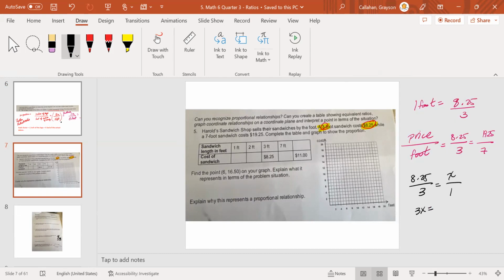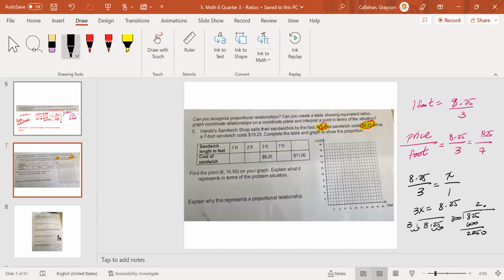So 3X equals $8.25. Divided by that, let's work it on the side. 8.25 divided by 3. You move the decimal over. So you have 825 divided by 300, right? 3 times 2 is going to give you 600. So 225. Put a dot, put a 0.